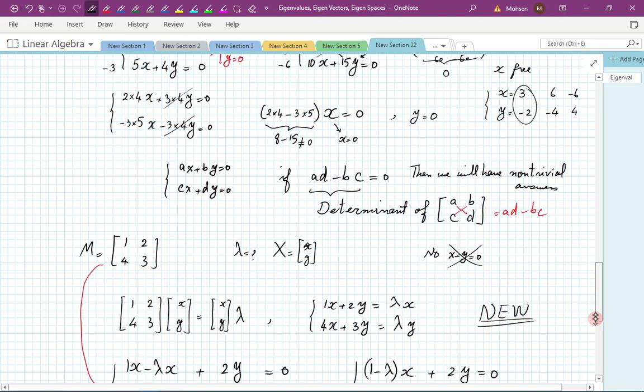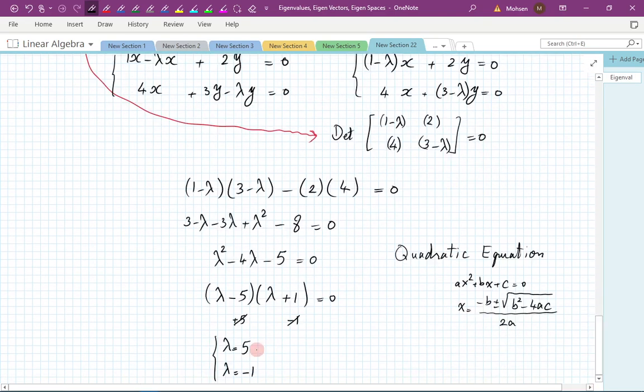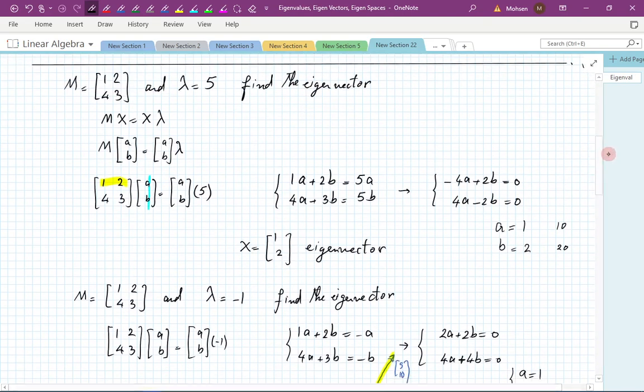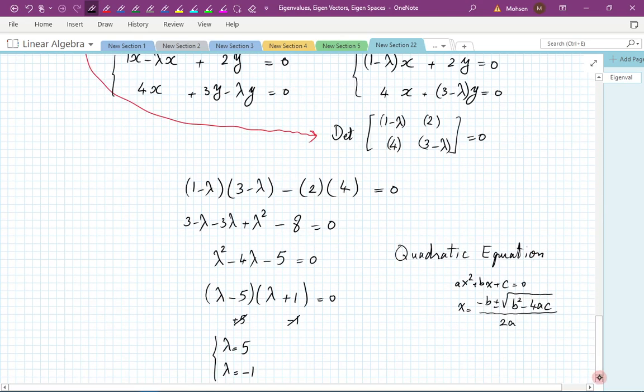But here, you go ahead and find these two. Now, once you found this, what do you do? Well, once you find it, then you are back into this problem. You have the 5. How do you find the eigenvector? You go and find it. You have -1. How do you find the eigenvector? We just did that. So you have to go ahead and find it.